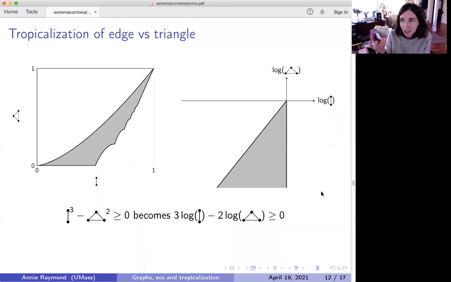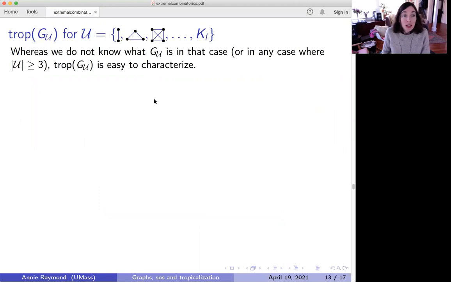And so it turns out to be simpler, right? I told you that for graph profiles, we don't know any of them where you have more than 2 graphs, and even for 2 graphs, we only know a few. But for the tropicalization, for example, we can do some infinite profiles. Give me any set of complete graphs, and I will be able to tell you what the tropicalization is.